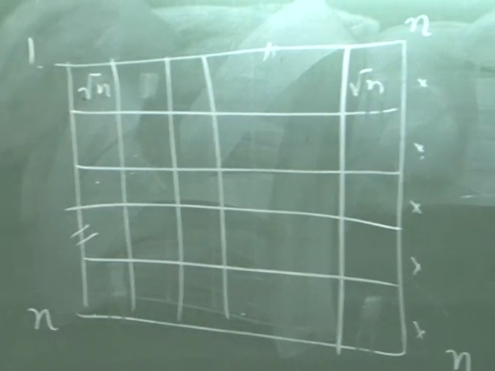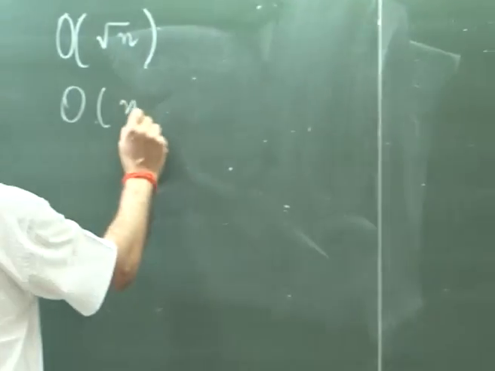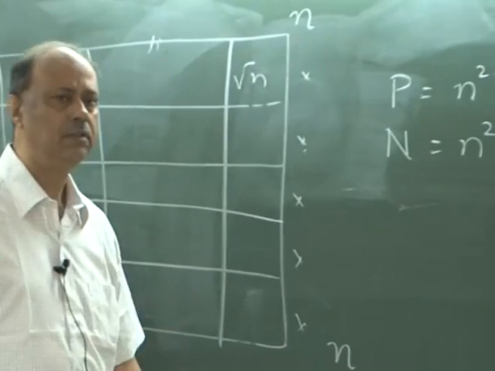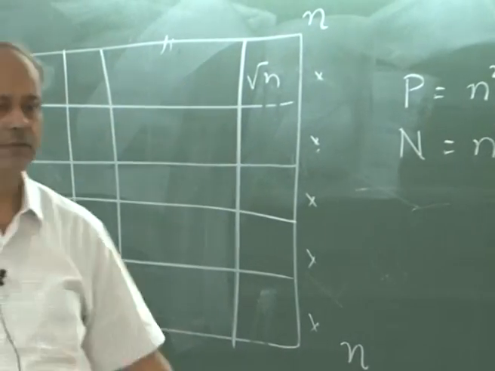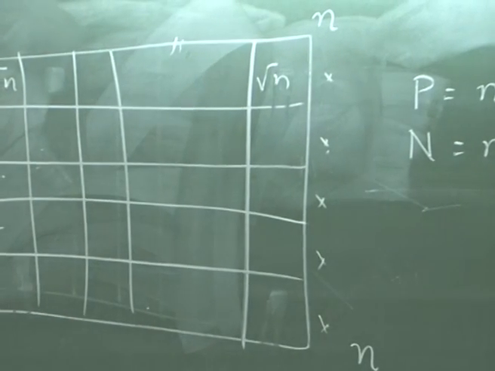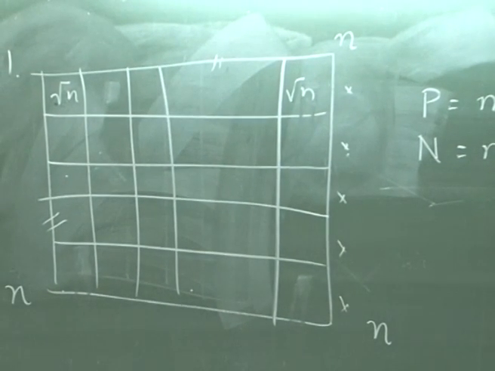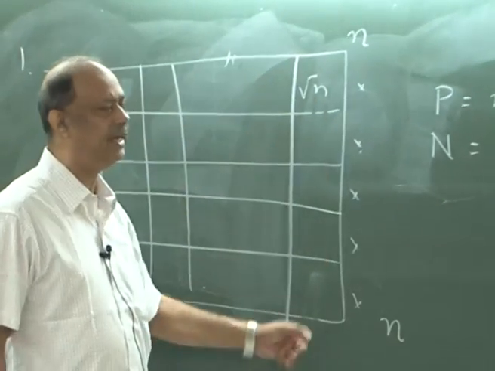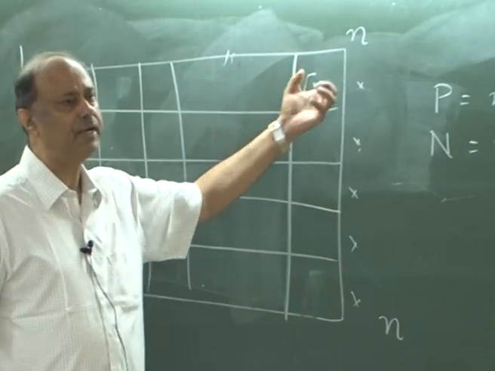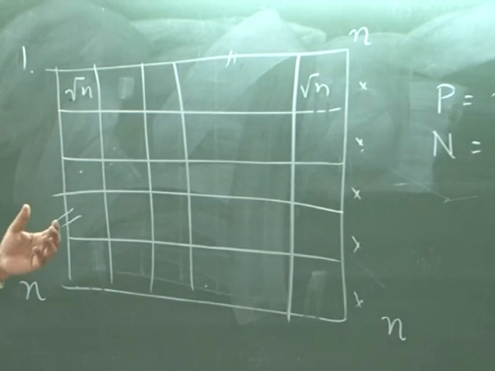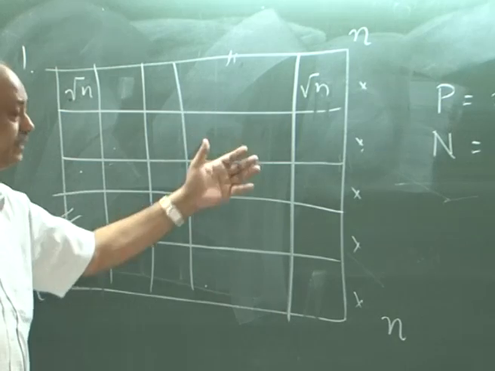So, you get again order n time to find the sum of square root n elements row wise, and in the last column you will find the sum of n square root n elements in each row.